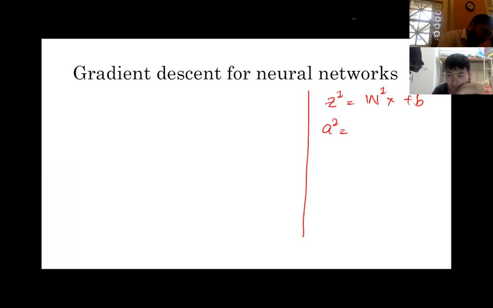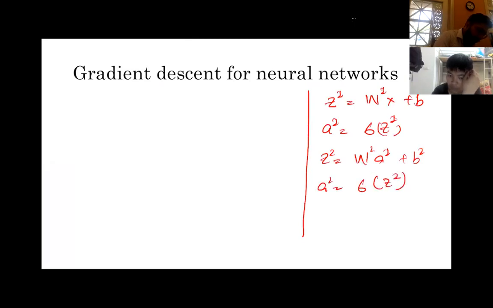A1 is sigmoid of Z1. Z2 is W2 times A1 plus B2. And A2 is sigmoid of Z2. And the loss is a function of Y and A2. It's a binary classification problem.